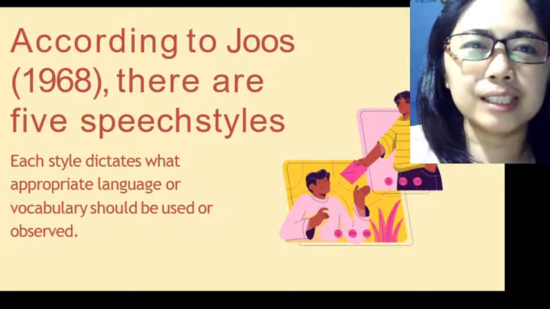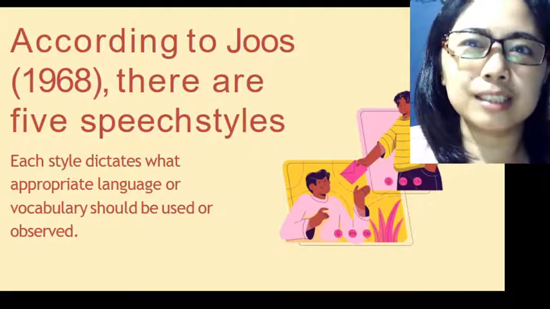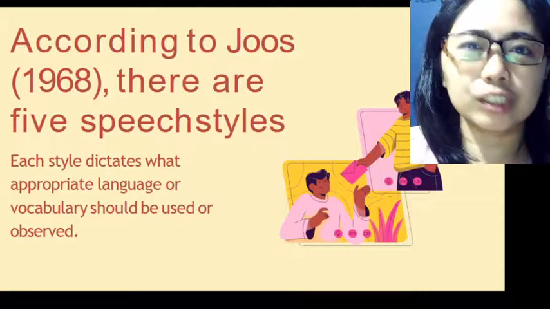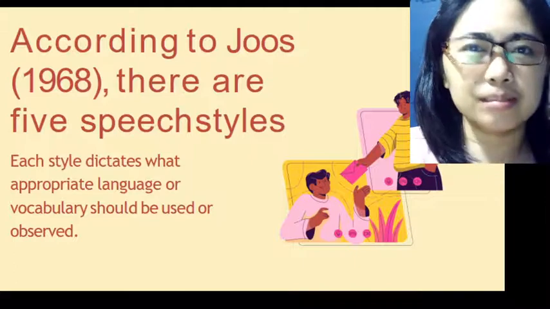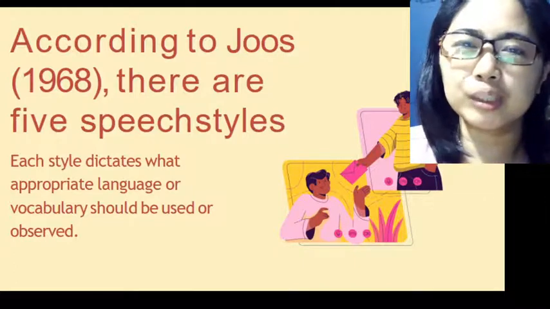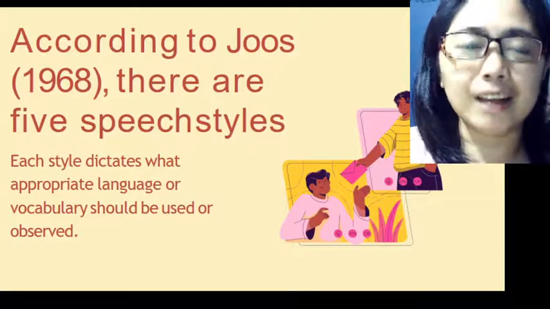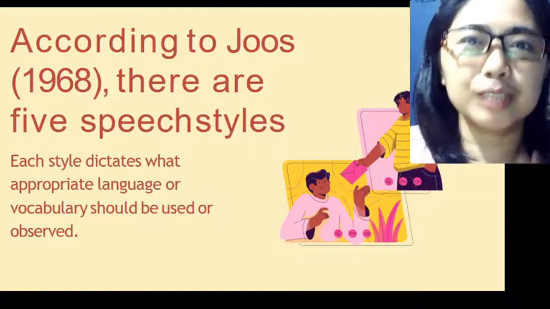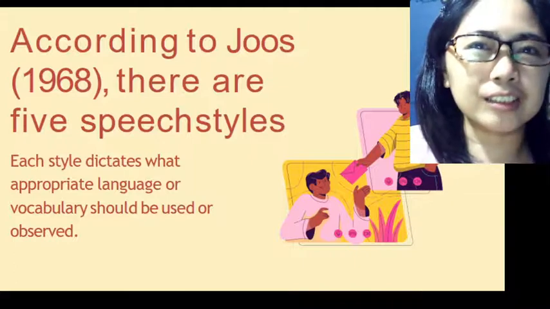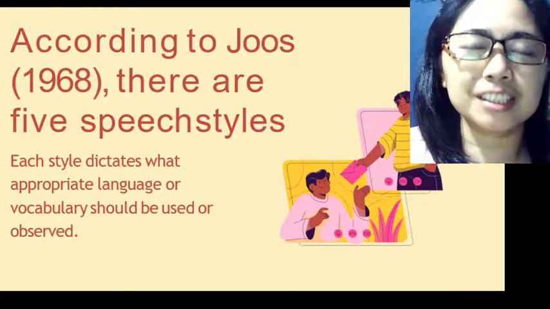These different speech styles we actually use in our daily conversation, but we just don't recognize that it's the style we were using. So let's try to discuss each type.